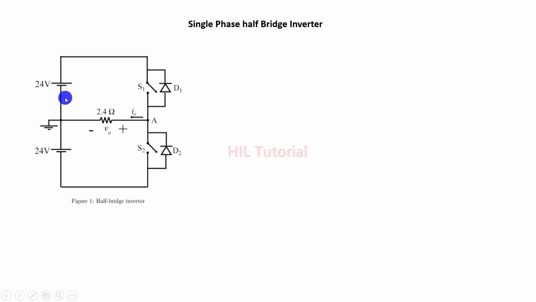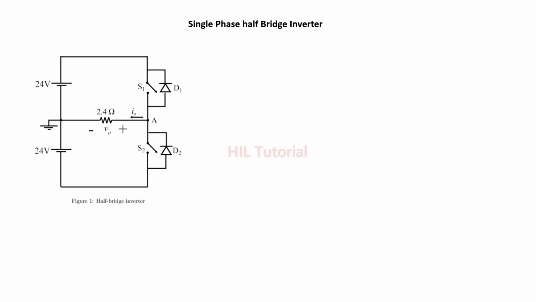So in the first half cycle, when switch S1 is closed, then you will get the positive half cycle. And when S2 is turned on and S1 is turned off, at that time the negative half of your output voltage will flow through the load.